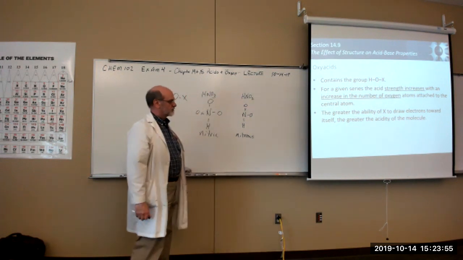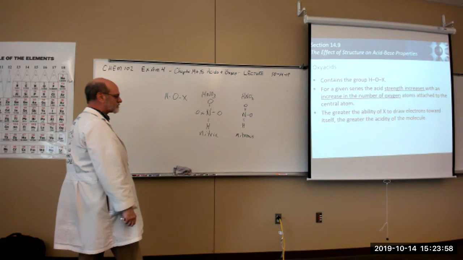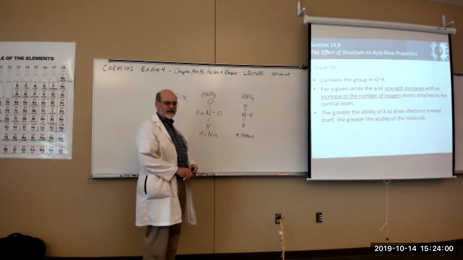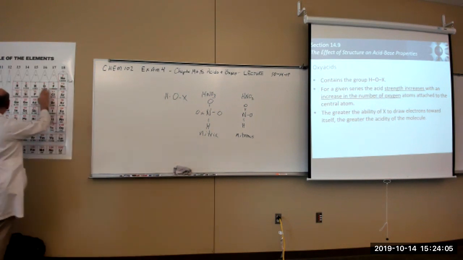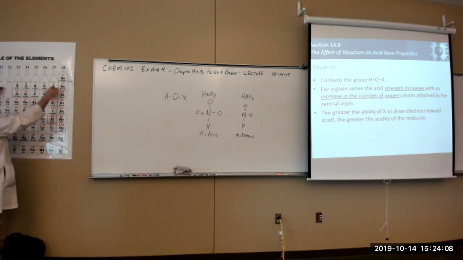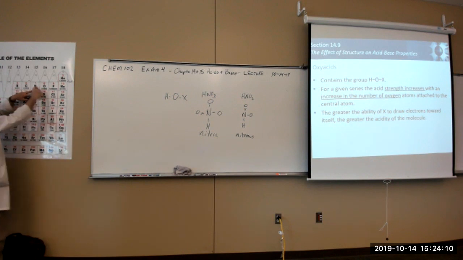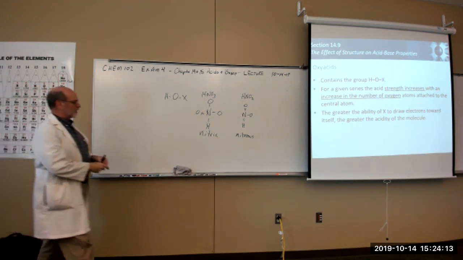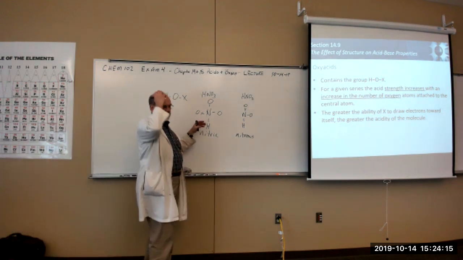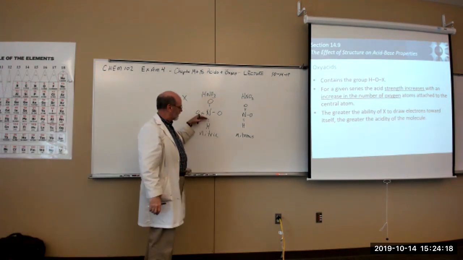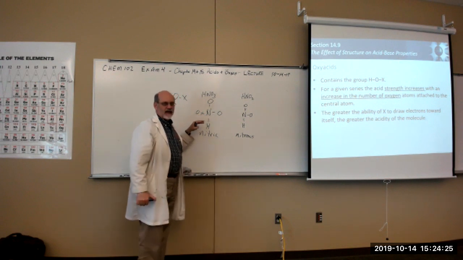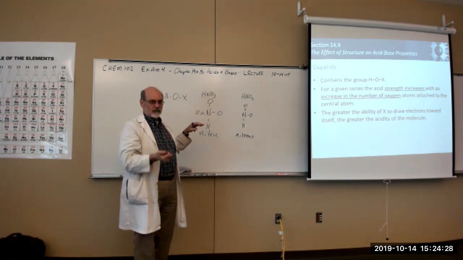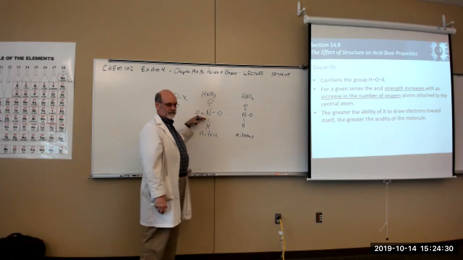Now, why is that? Oxygen is an electronegative atom. It's more electronegative than nitrogen, right? Lower left, upper right, left to right in a period. So oxygen is stronger than nitrogen. Nitrogen does draw some electron density away from the hydrogen, but the presence of oxygens attached to the nitrogen add to that pull of electron density.